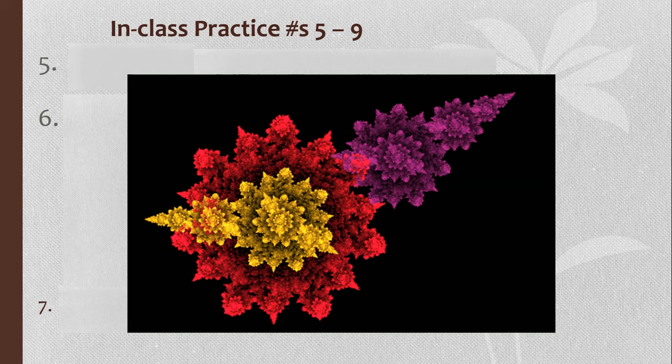Find the probability that when drawing a card from a standard deck of 52 cards, you draw a queen. Well, there's 4 queens out of the 52 cards. So your chances are 1 out of 13.